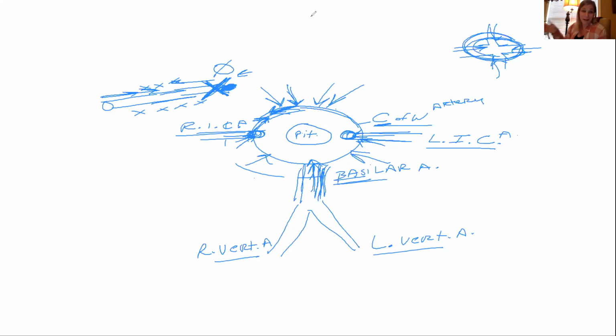So if you want to back up to question 10, it says two other arteries also join the Circle of Willis, and that should have been the vertebral arteries, because it's talking about going through the transverse foramina of the cervical vertebrae up to the foramen magnum. So that's the vertebral arteries.